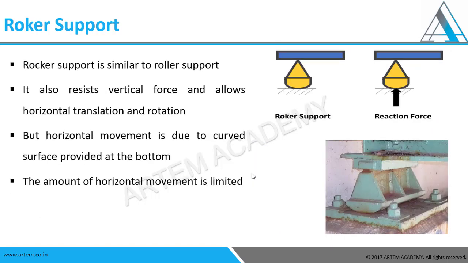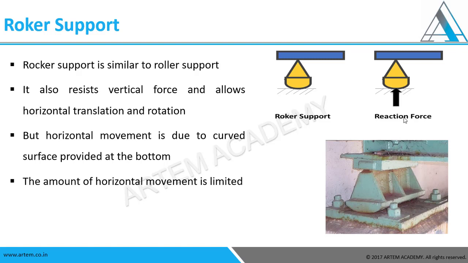The next support is the rocker support. It is almost like a roller support, but with a little variation because it forms a curvature on the bottom side, which allows only some portion of movement according to the requirement. Majorly you can see this type of condition in bigger plants or industrial machineries.